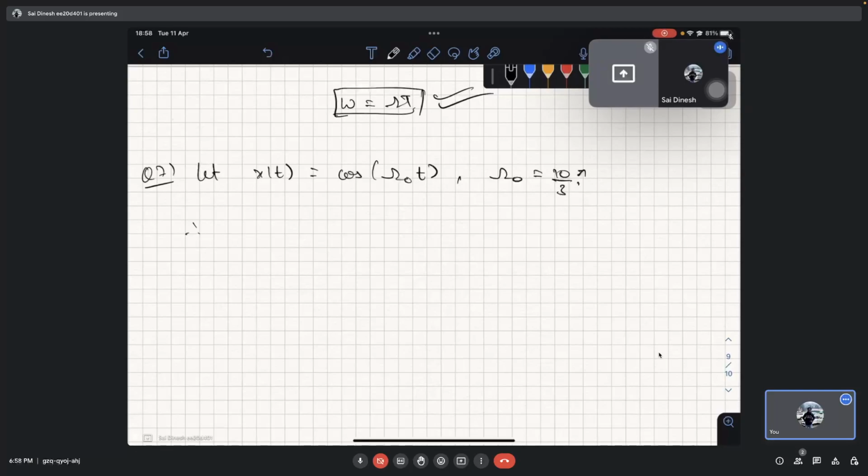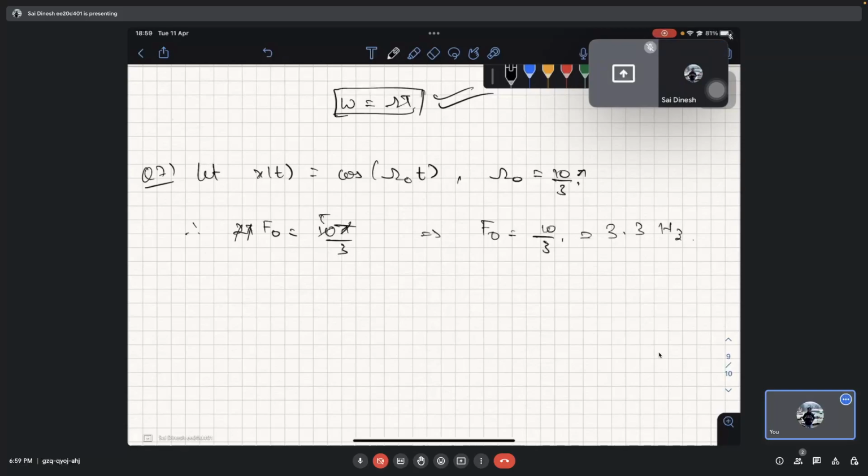Therefore 2 pi f naught is capital F naught, that is 10 pi by 3, which implies f naught is 10 by 3, which is 3.3 hertz.